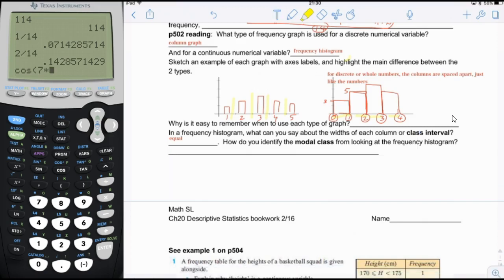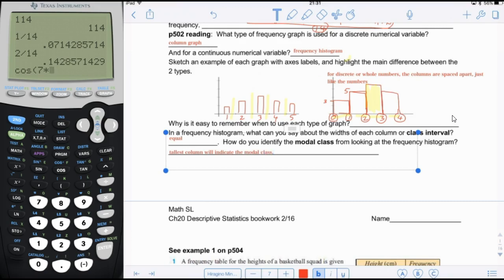So you can see the most full bucket would be this one here, between 2 and 3. So I would say that the modal class would be the tallest column.